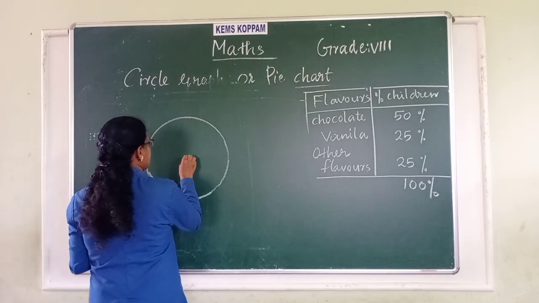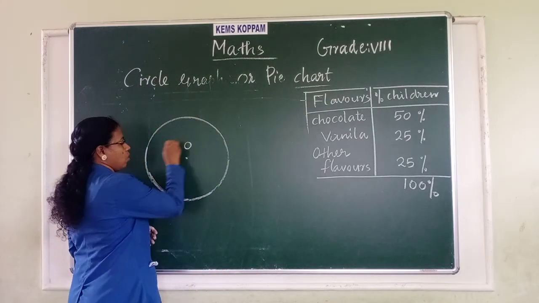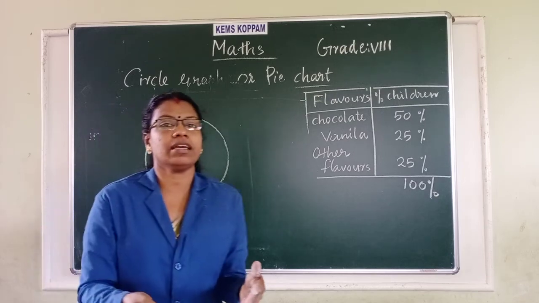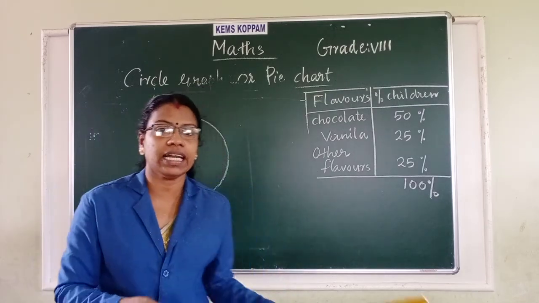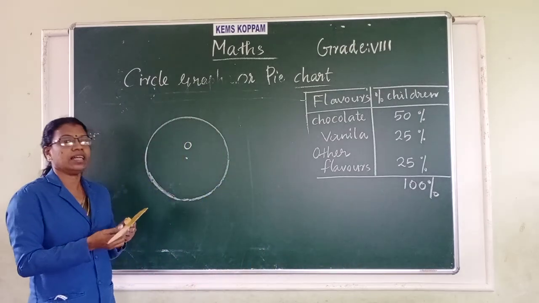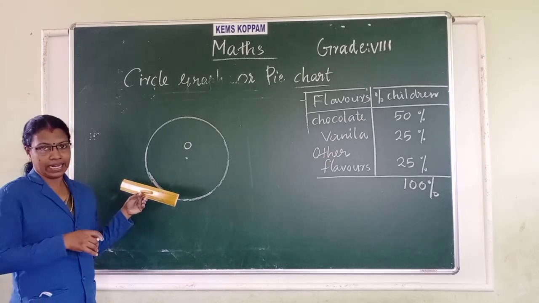Then mark its center as O. First step, draw a circle with any radius. Then mark its center. Then mark a radius.